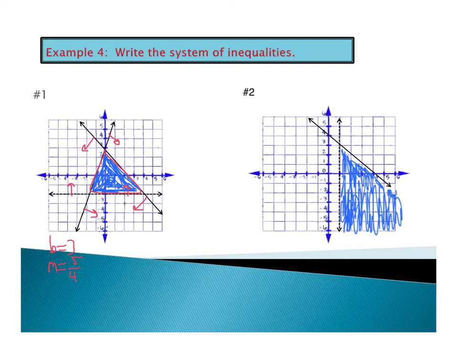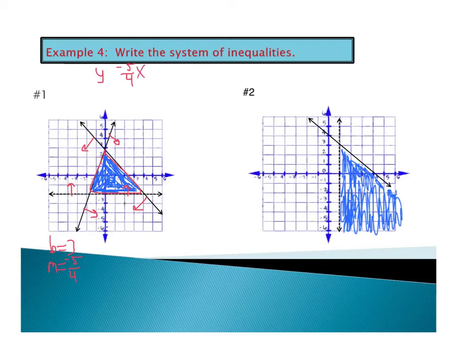Let's write the first inequality. I'm going to have y, we'll worry about the inequality in a second, but the equation would be negative 5 over 4, because we're going down 5 over 4. I forgot that negative there at first, but we double checked that, and now we're good. Double check yourself before you wreck yourself.